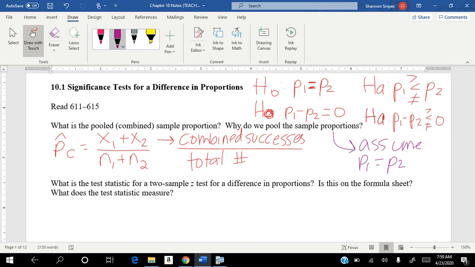So when we're doing a significance test, we will pool our sample proportions because we will be assuming that P1 is going to equal P2. And basically the reason we pool is because when you combine your successes and you combine the total number of people in your sample size, we get a better estimation of a p-value because, as we've learned before, more information is better. So we will pool our sample proportion when we are running our test of significance.